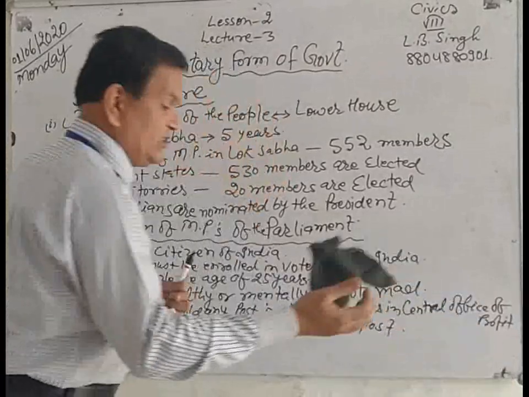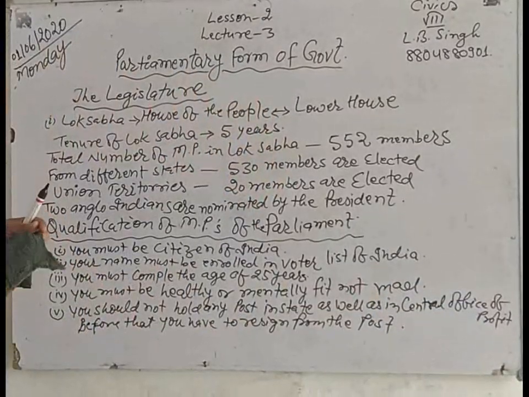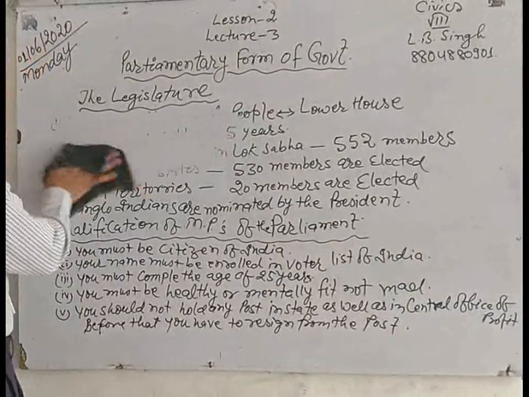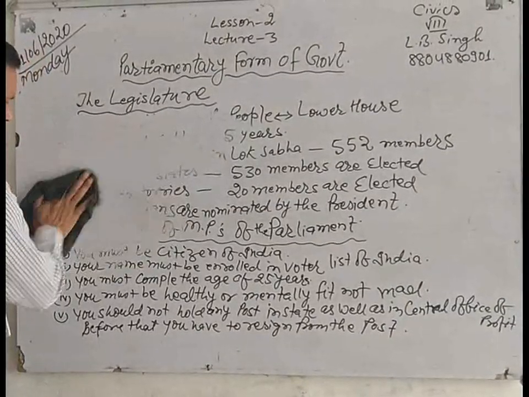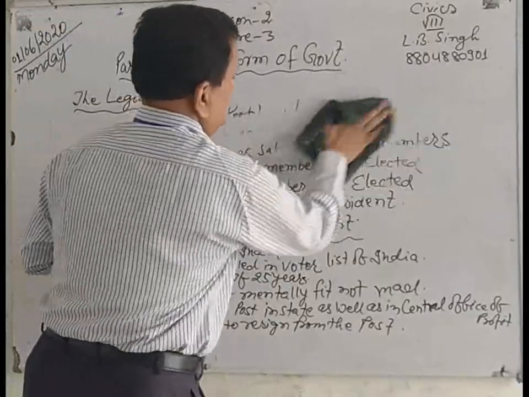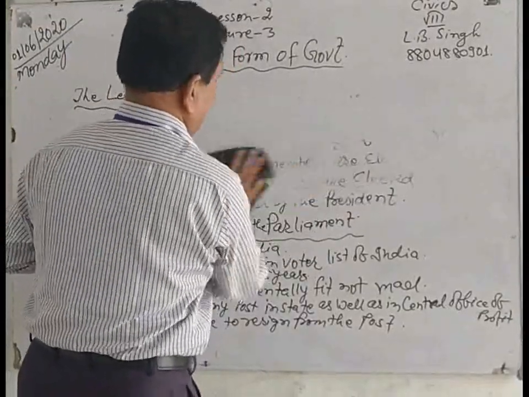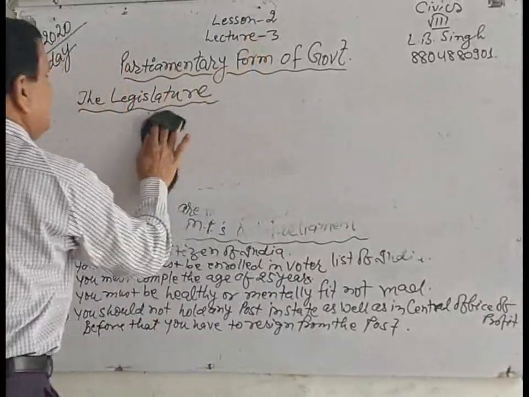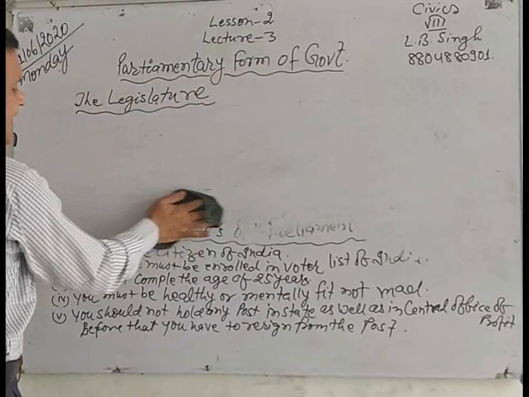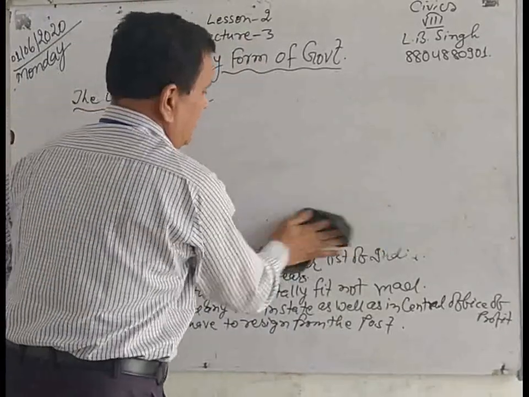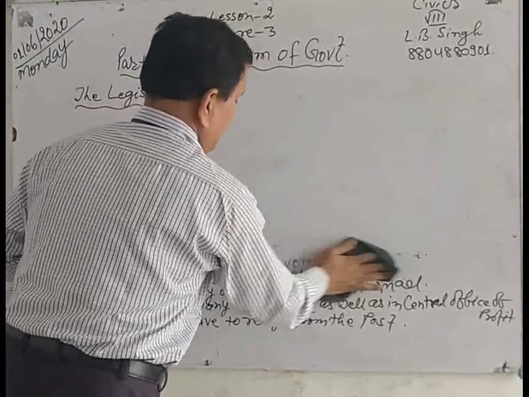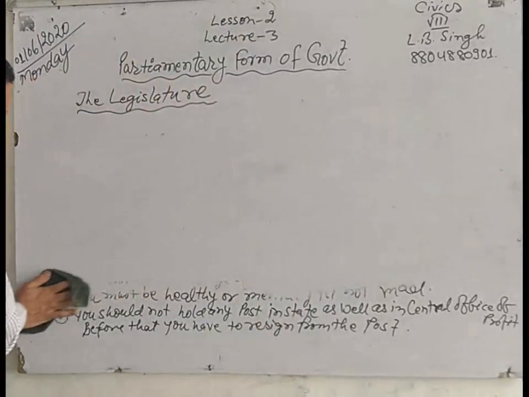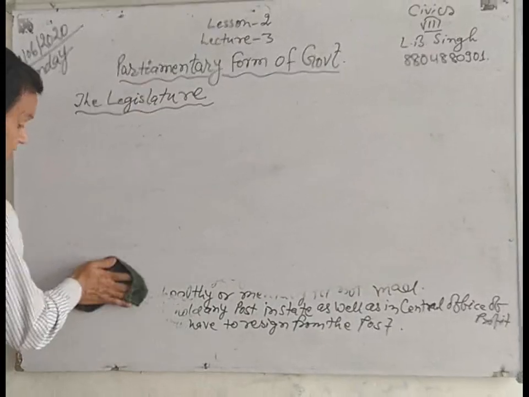Now we have to study about the upper house, means Rajya Sabha. You know this thing, Rajya Sabha is another house of the parliament, and it is not dissolved by the President of India.